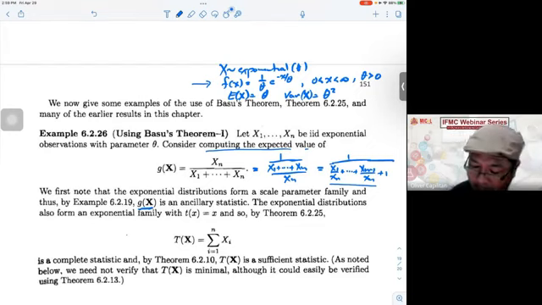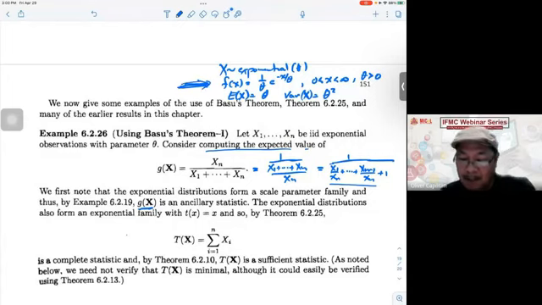And take note that the exponential distribution also forms an exponential family. So based on theorem 6.2.25, it is an exponential family. Kung titingnan mo ito ngayon, diba, 1 over theta. So ang h of x natin dito, h of x is 1. A function of theta is 1 over theta, and then e to the negative.